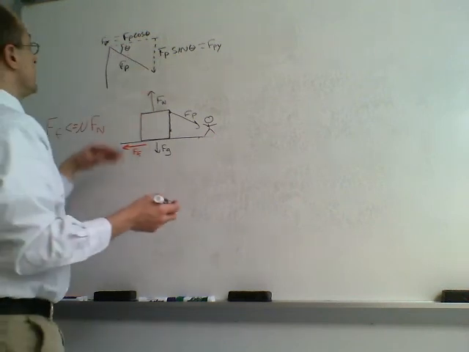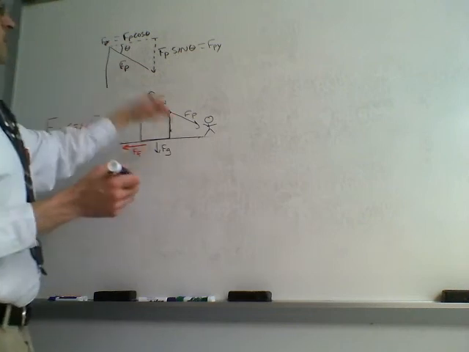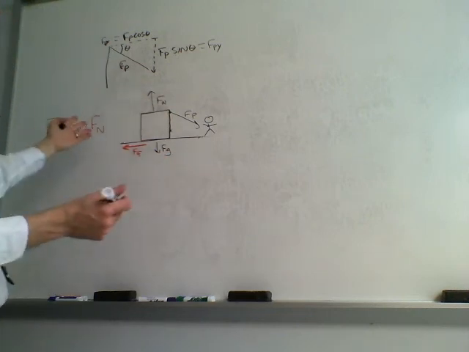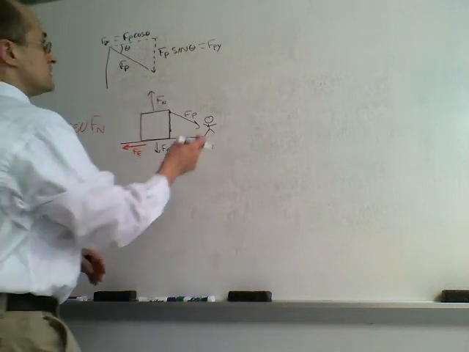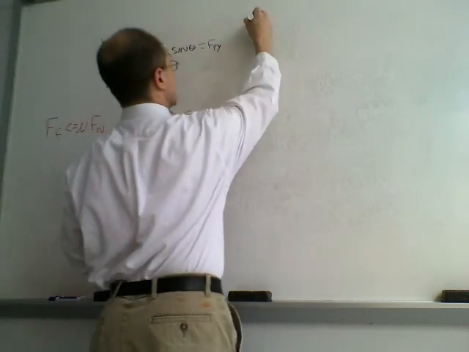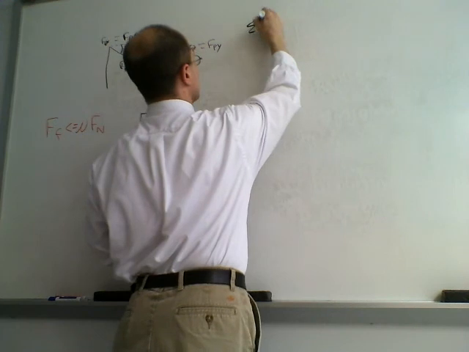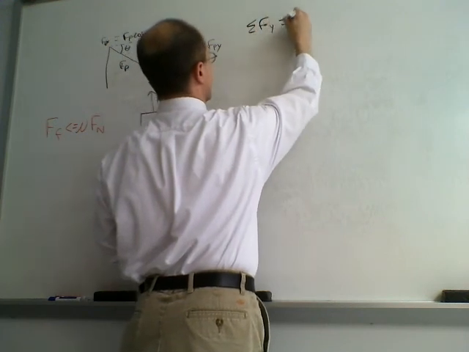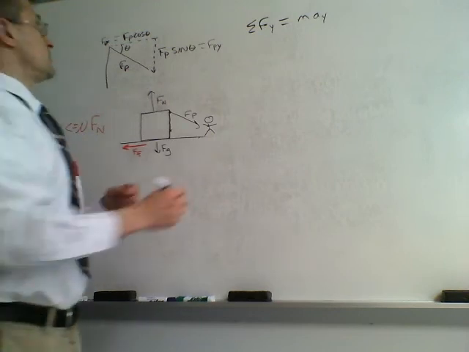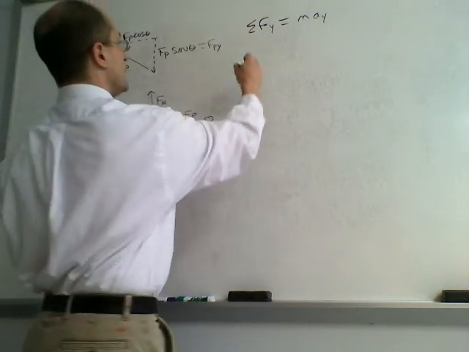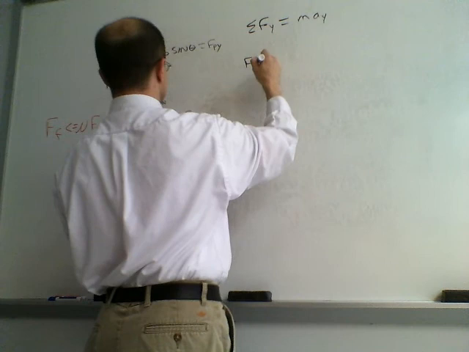Okay, so now that we've broken our force of our pull into components, we can look at what's going on. So let's start with summing the forces in the y. So we sum the forces in the y, and that gives MAY. So what forces do we have in the y? We have the normal force.